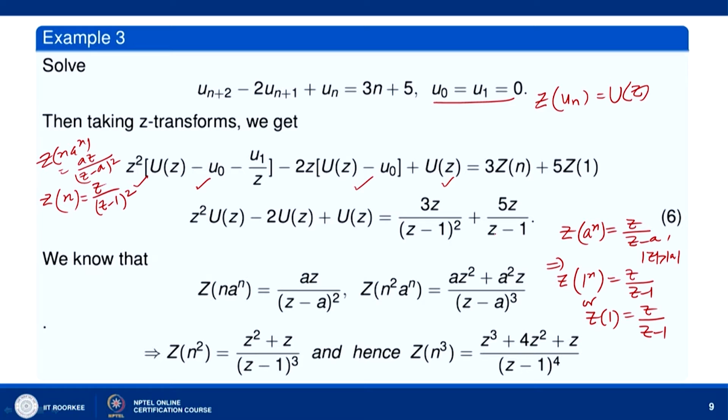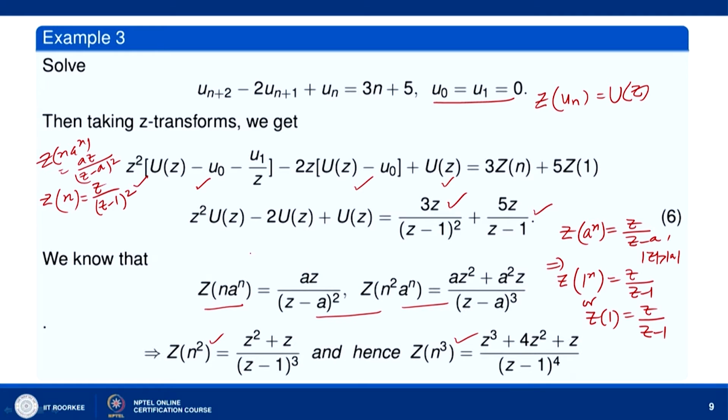So this is equal to this: 3 times z over z minus 1 whole square plus 5 times z over z minus 1. So I have made use of these formulas. Now, we will need the formula for z of n square and z of n cube later on, when we simplify this. Now, this left hand side is z square minus 2 z into u z plus u z.